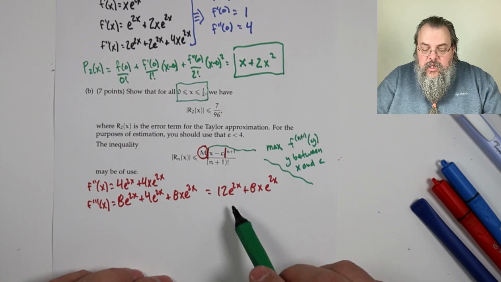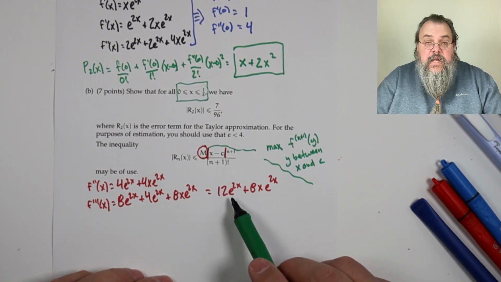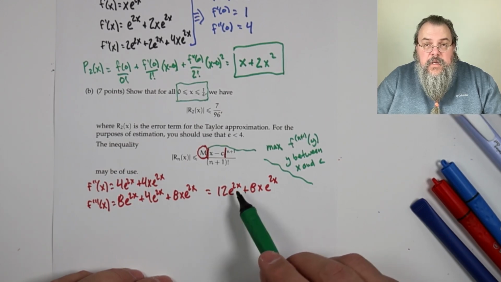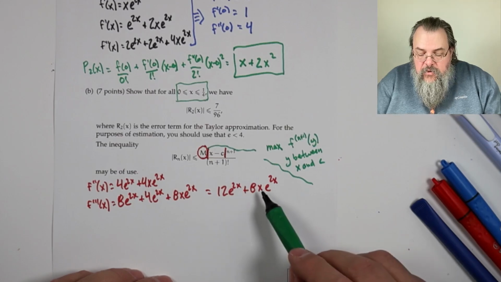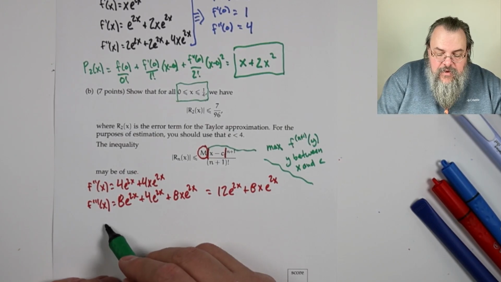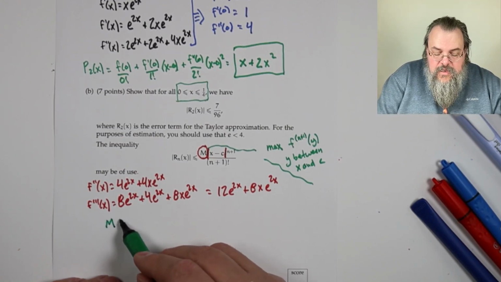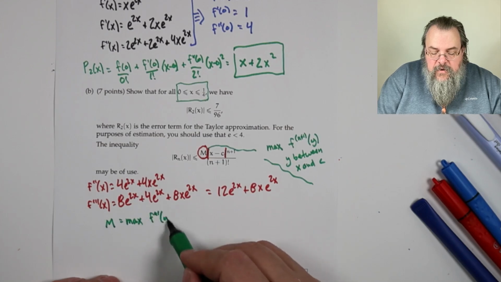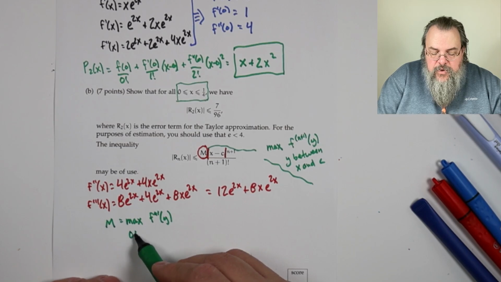So, thinking about this, notice e only gets bigger as we let x get bigger. x only gets bigger as we let x get bigger.